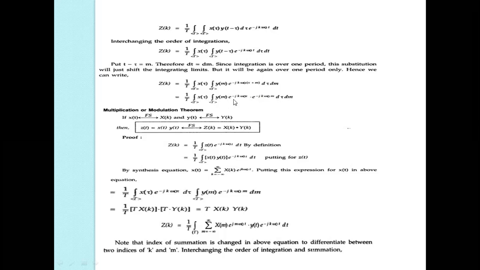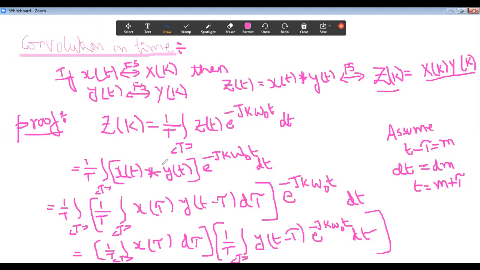The integral of y of m e power minus jk omega naught m dm is y of k. And 1 by T, the integral over T of x of tau e power minus jk omega naught tau d tau is x of k. Actually we have only the 1 by T here.